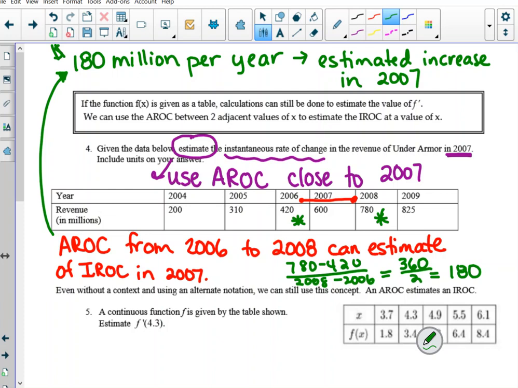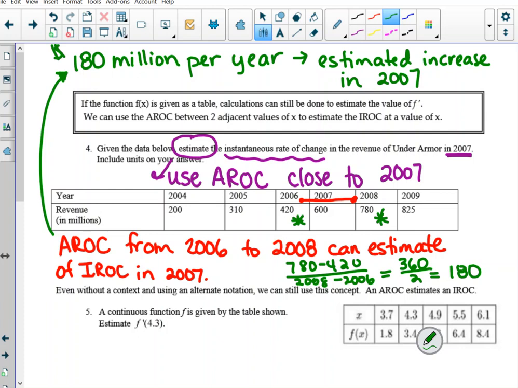What I want to know is, what's the slope right there? Just at that one point. What I can do is, I can say, well, let me use that slope. The slope from here to here will estimate that slope.